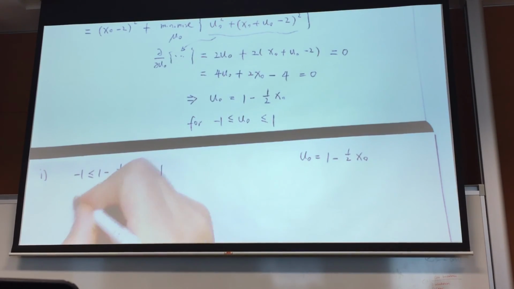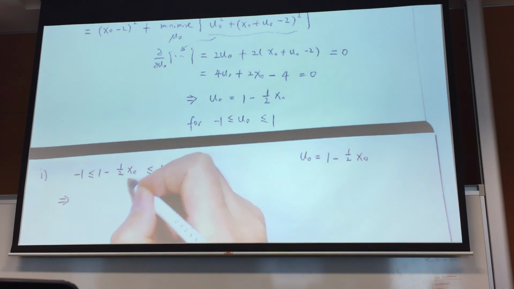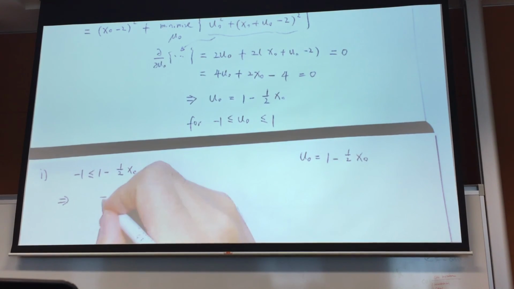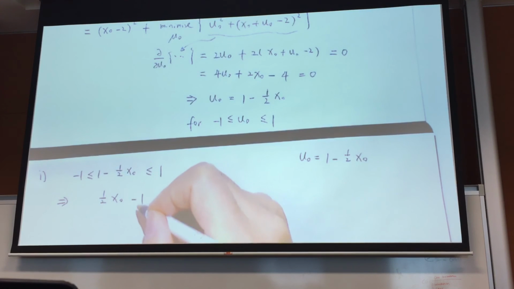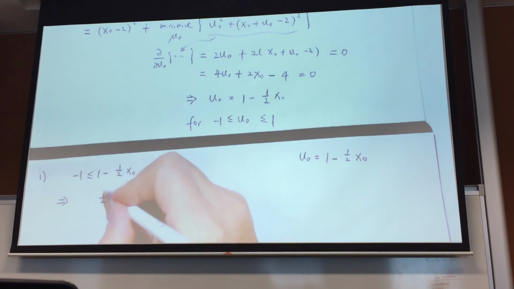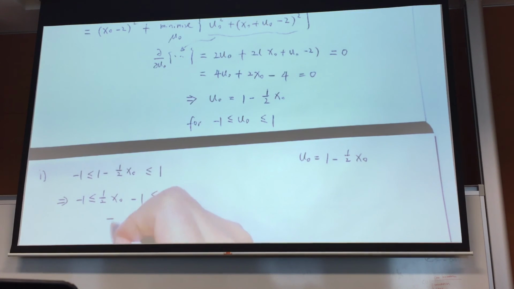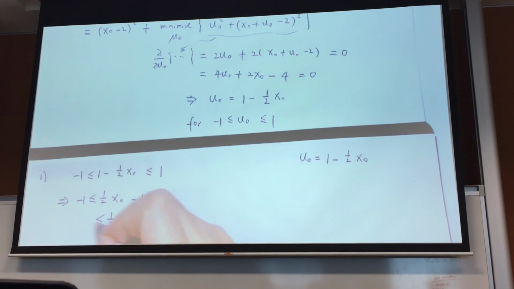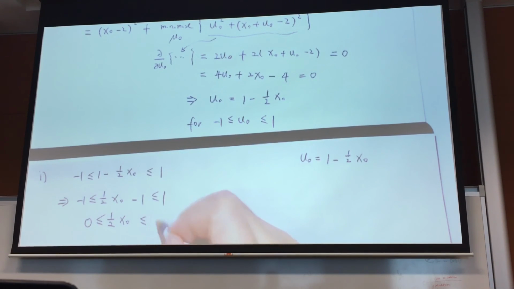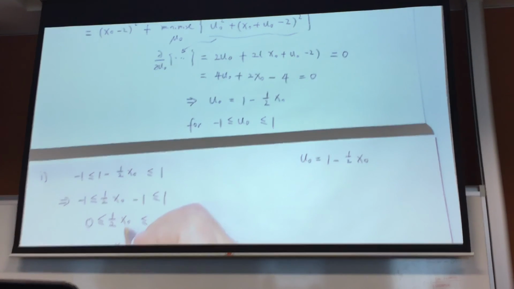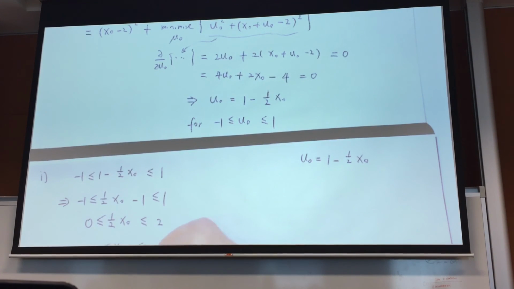We may further expand this: a half x0 minus 1 should be between minus 1 and 1. Adding 1 to both sides, a half x0 is between 0 and 2. That means x0 is between 0 and 4.